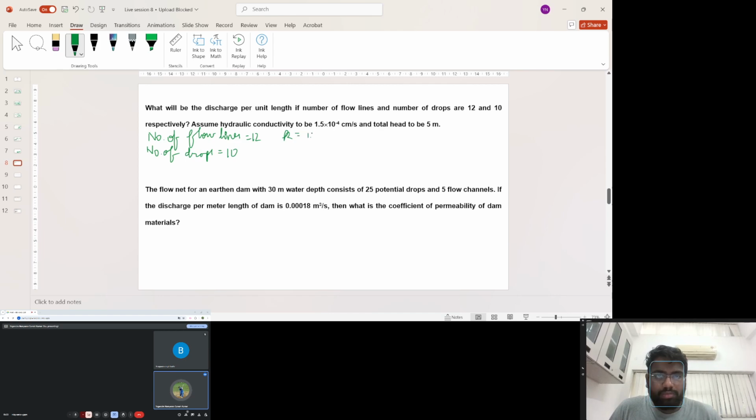K is 1.5 into 10 power minus 4 centimeter per second, and delta H is 5 meters. Alright. You can convert this to meters per second also. Then in this case it will come as 1.5 into 10 power minus 6 meters per second. Now we have to calculate the discharge.